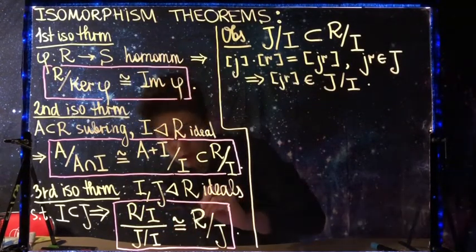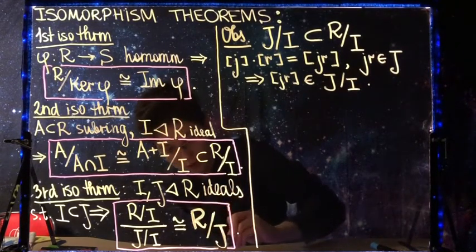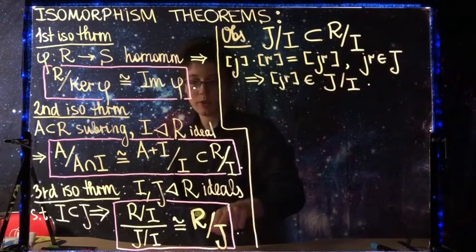And the claim is that this quotient is isomorphic to the quotient of R by the bigger ideal J.